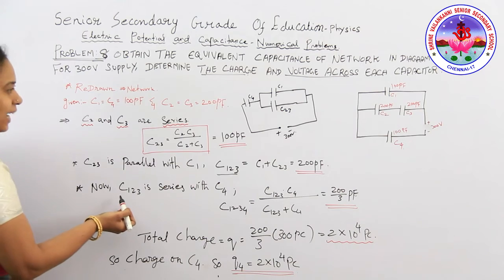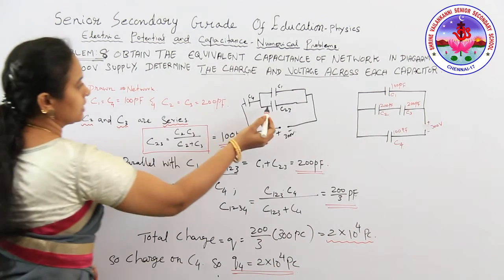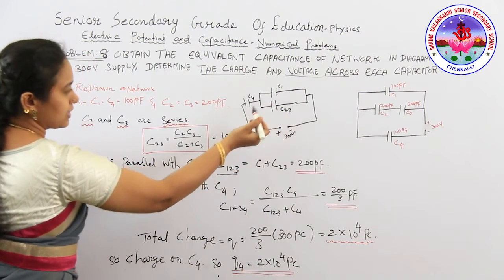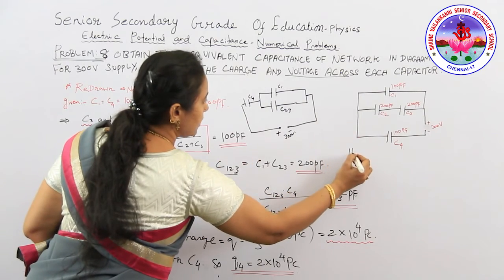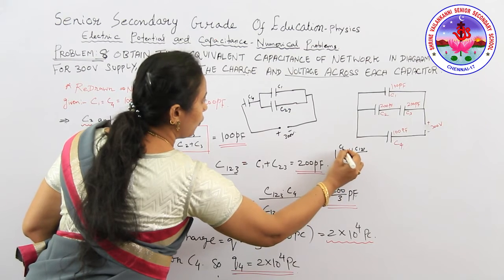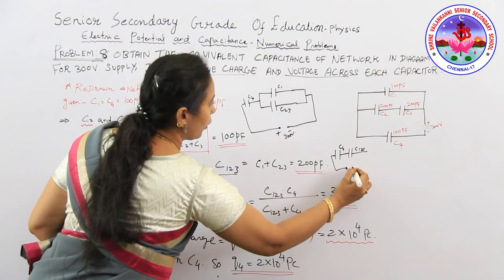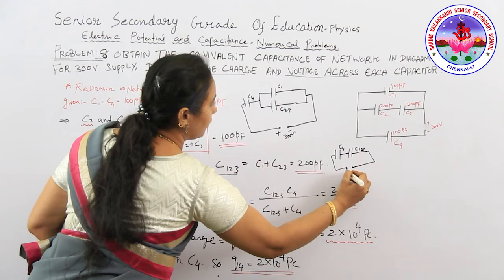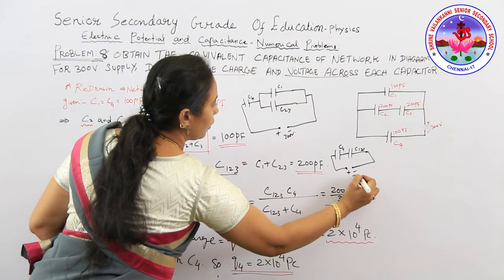Now you can take C123 in series. Both will be together like this: C123 and this is C4. So finally we simplify, 300 volt.